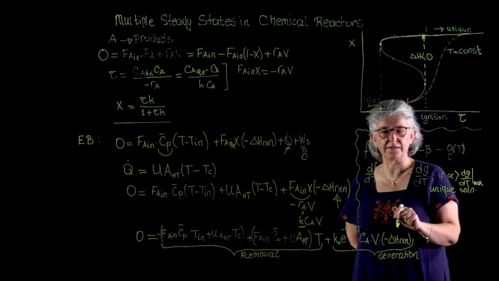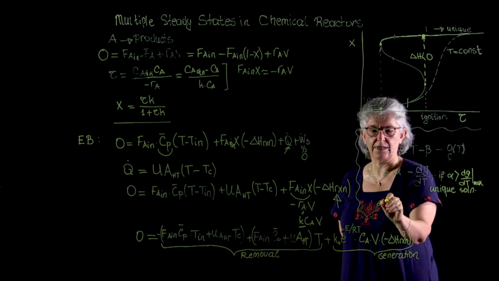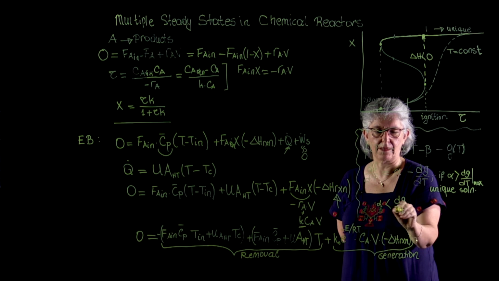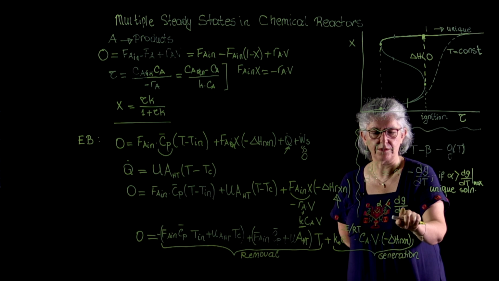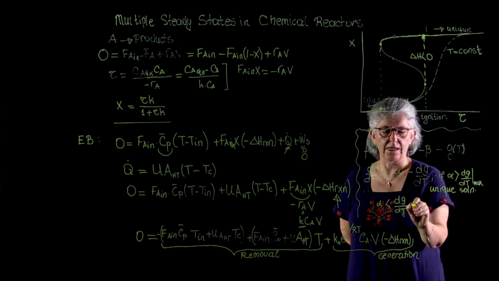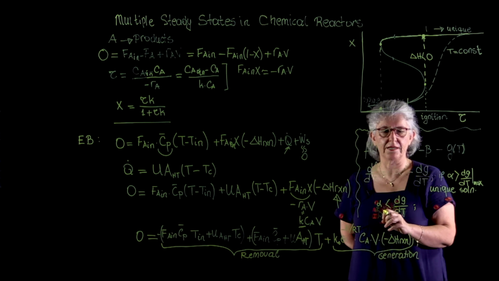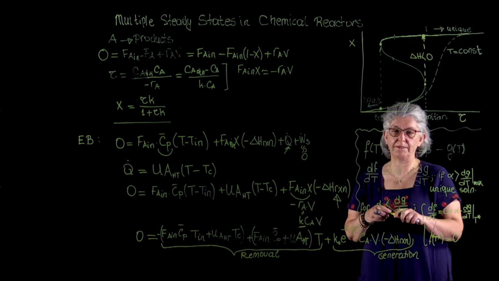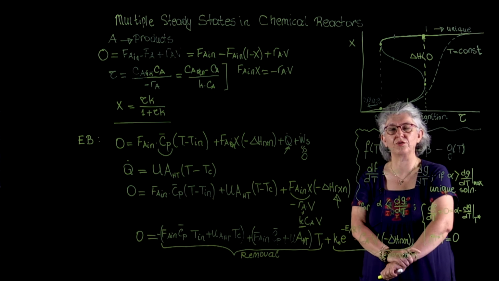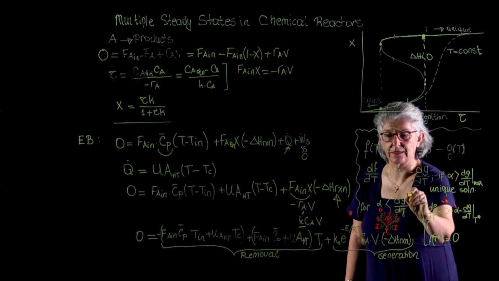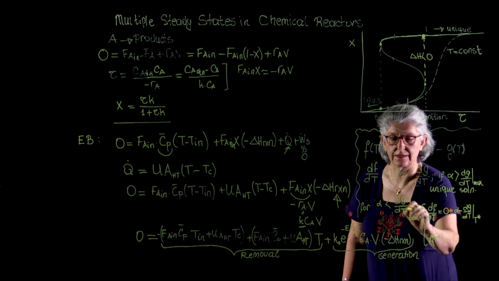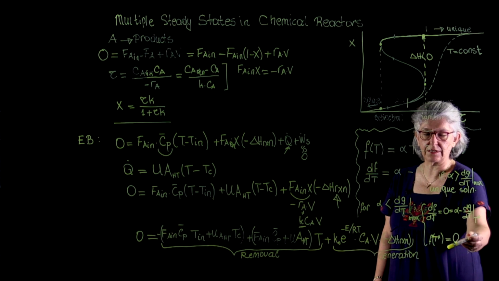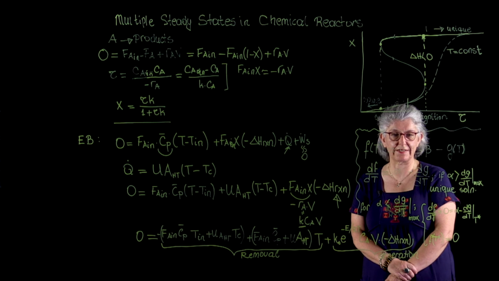Well, if alpha is less than dg over dT, with capital T, our function has to satisfy two conditions. For alpha being less than dg over dT max, our function has to satisfy both of these conditions in order to have multiple steady states.